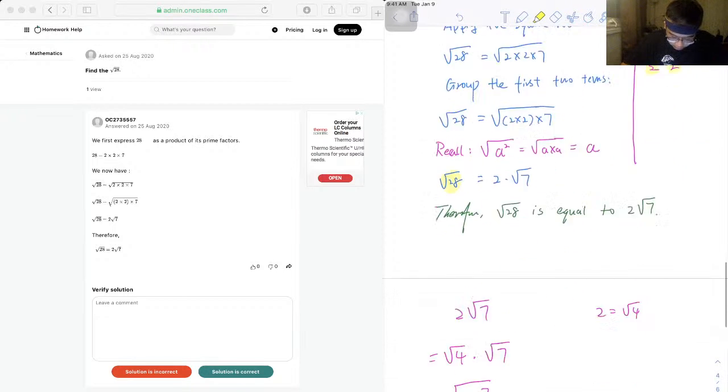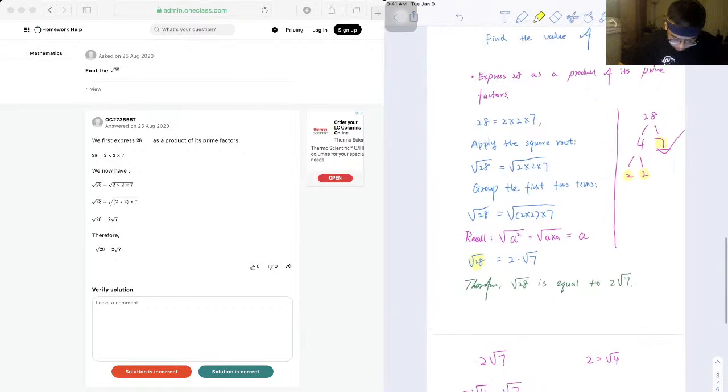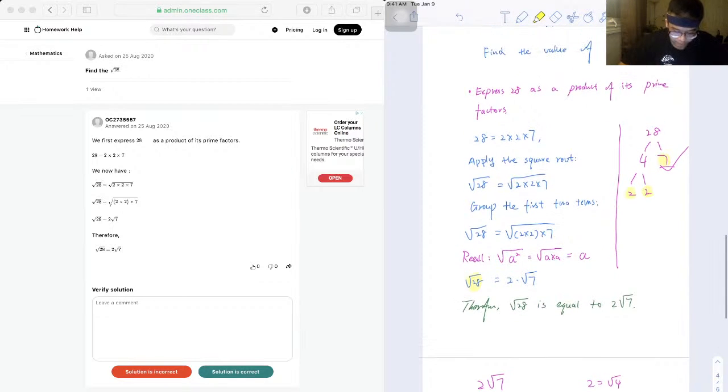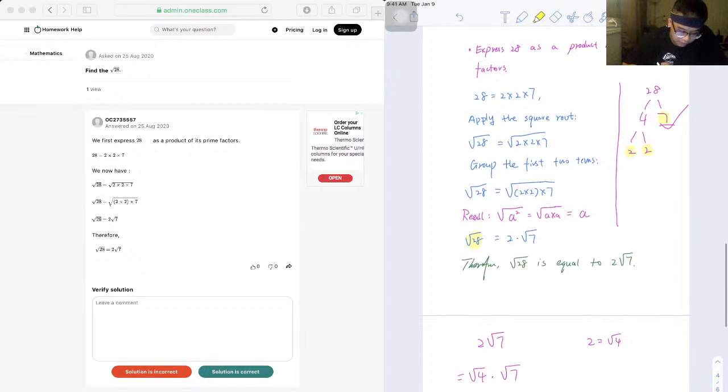Yeah, so just remember, whenever you come across a question like this, always think about representing the number as a product of its prime factors, and apply the square root and try to find the a squared terms.